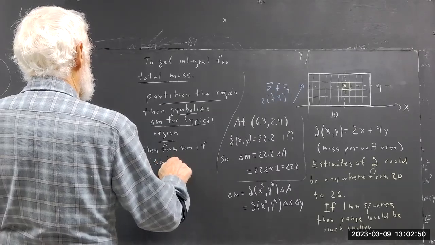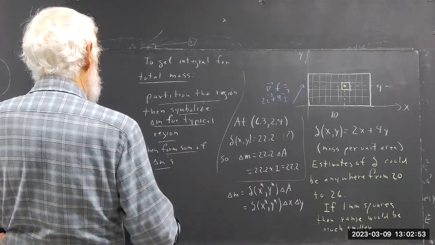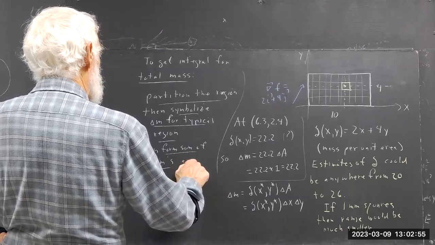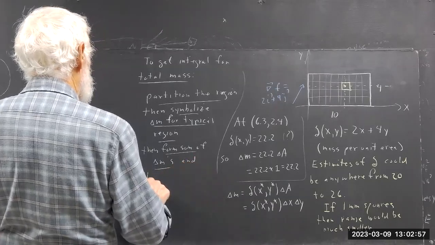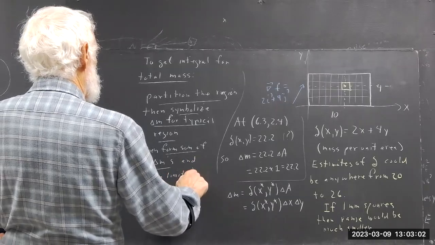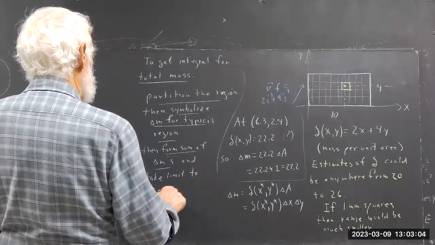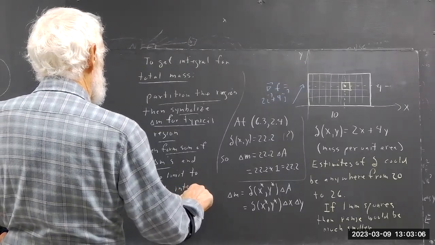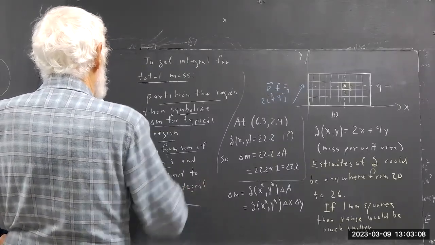Or the sum of the delta M, take a limit to get through.